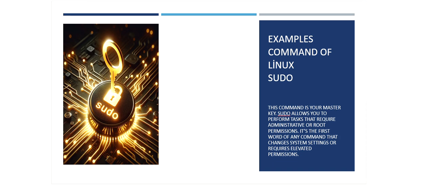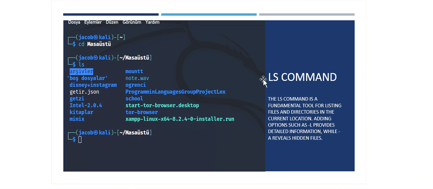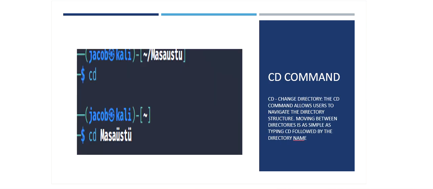Let's get started with another command, the ls command. The ls command in Linux lists the files and directories in the current directory. As you can see, when you write the ls command in bash, you can see the files in your current directory. The cd command means change directory. The cd command allows users to navigate the directory structure.